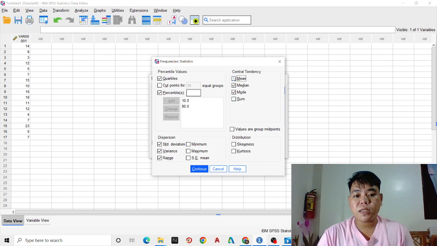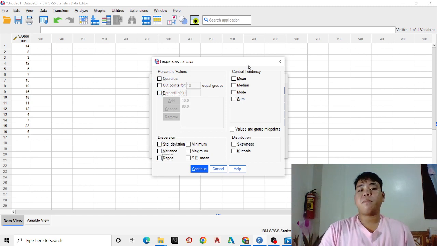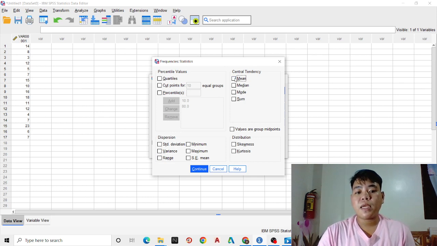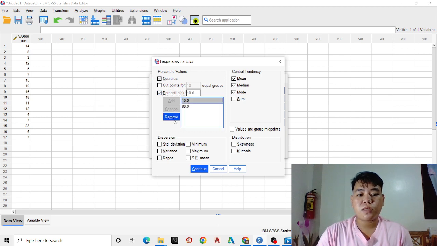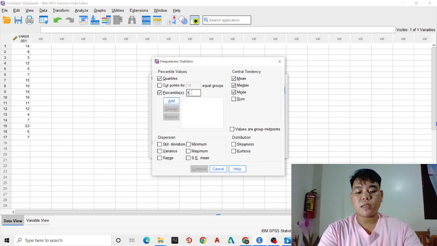The things that I need to check include the measures of central tendency, which include the mean, median, and the mode. And then I also need the quartiles and the percentiles, so let's remove this first, because the 10th and 80th percentile.